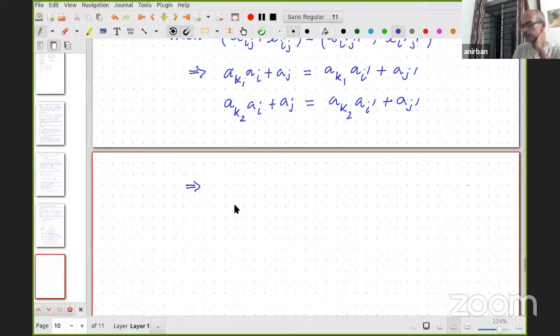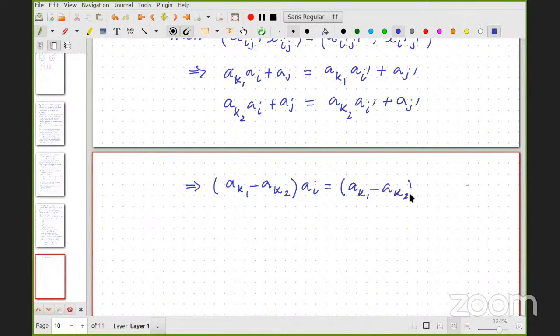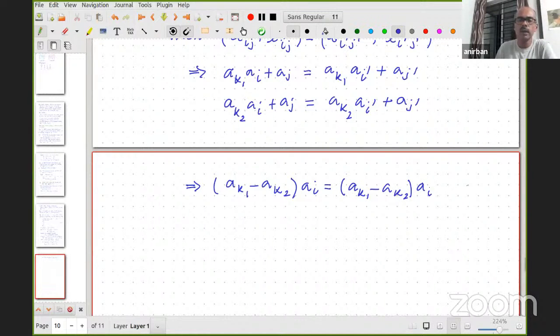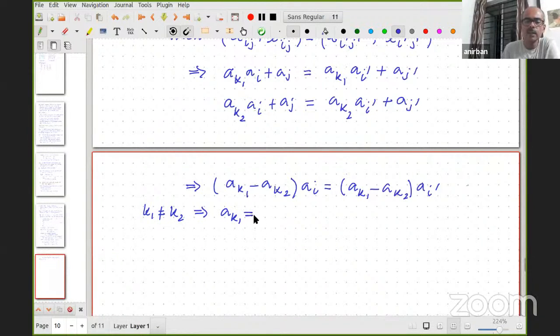So if you just solve these equations, by subtracting them, we get (a_k1 minus a_k2) a_i is equal to (a_k1 minus a_k2) a_i prime. If k1 is not equal to k2, that's the assumption, then a_k1 is not equal to a_k2.